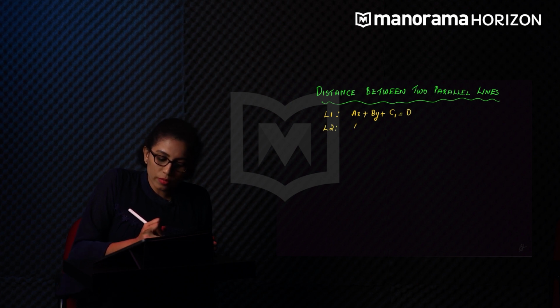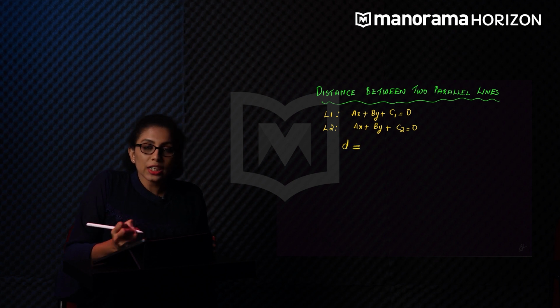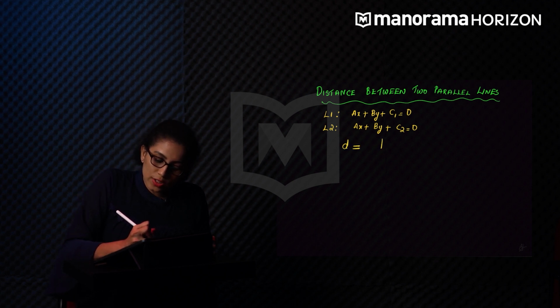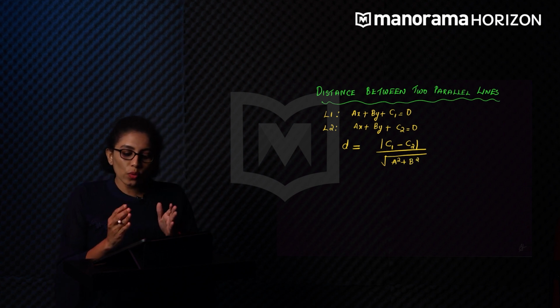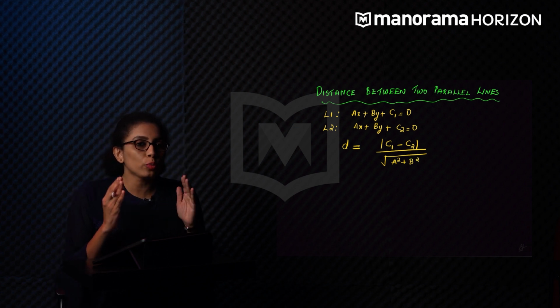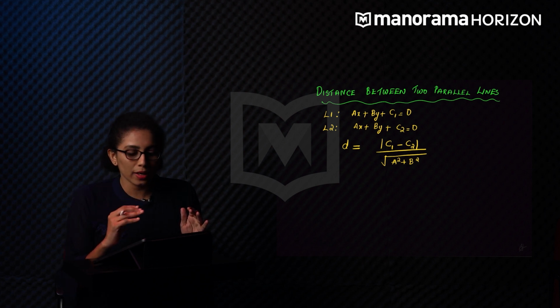L2 is of the form Ax plus By plus c2 is equal to 0. Then we have the perpendicular distance D is given by modulus of c1 minus c2 the whole divided by root of A square plus B square. This is a general equation to be used when you have two parallel lines and you have to calculate the distance between those two parallel lines, right?